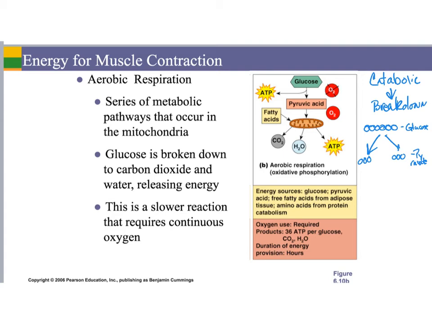And to do this, in order to break that down, we have to start out using 2 ATPs. So we have to put energy in order to get energy out. So we have to use 2 ATPs to break down the glucose, right? There's an intermediate step here where we also are going to be able to produce 2 ATPs.